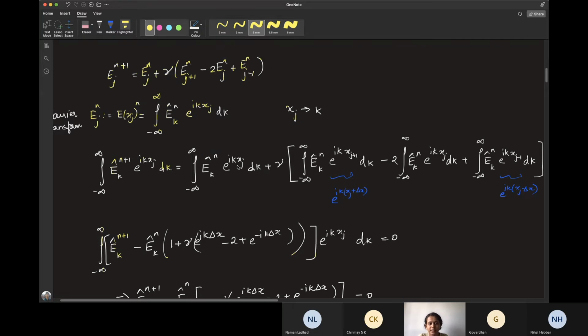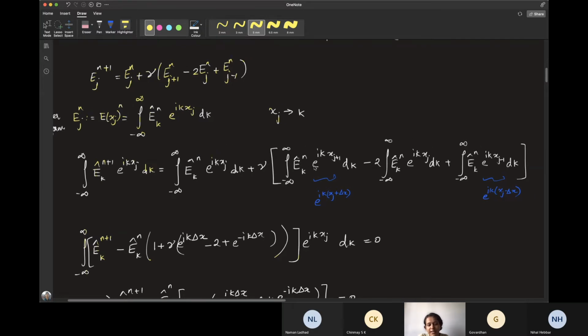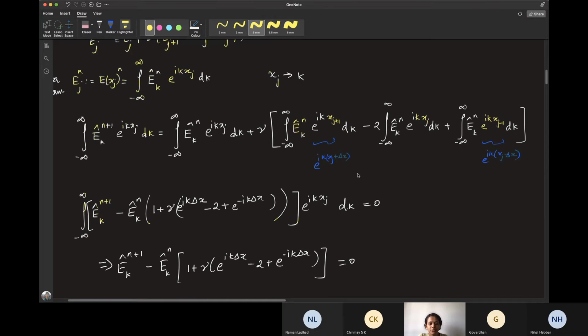Similarly, e at j plus 1 at n will have e power ik xj plus 1, and for the error at j minus 1, you'll have exponential ik xj minus 1. If you notice this carefully, xj plus 1 is actually xj plus delta x, and xj minus 1 is xj minus delta x.